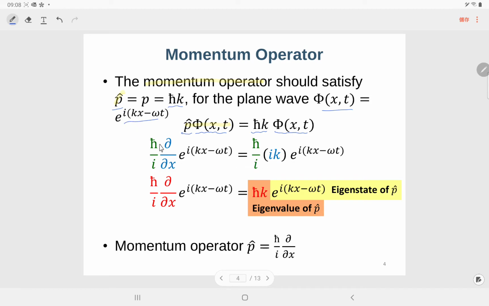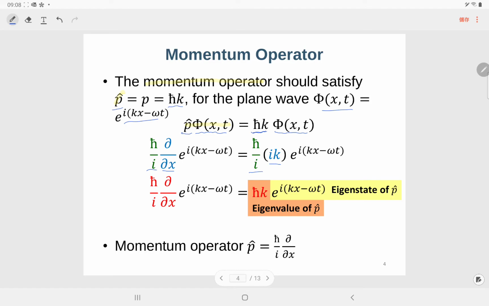When we take the partial derivative of x here, it will output ik. But at the end, we hope it to be h bar k. So we need to multiply it by h bar and then divide by i, so that the i's cancel, and the remaining term becomes h bar k, which is what we expect. So we also multiply h bar over i here.